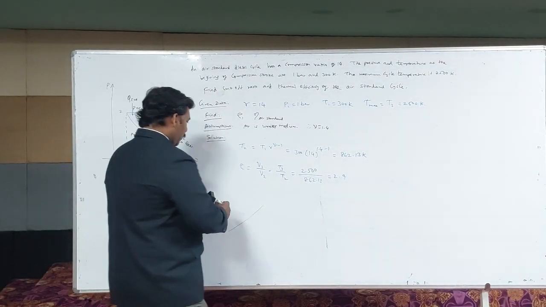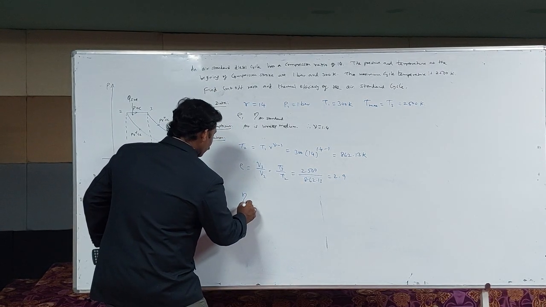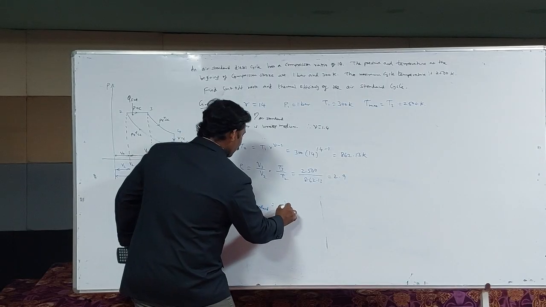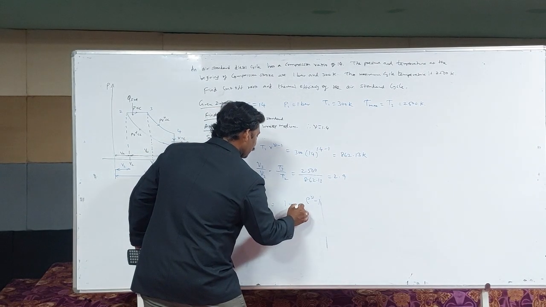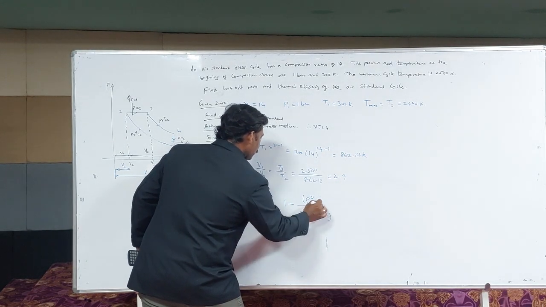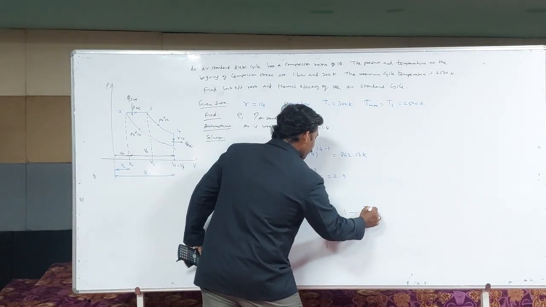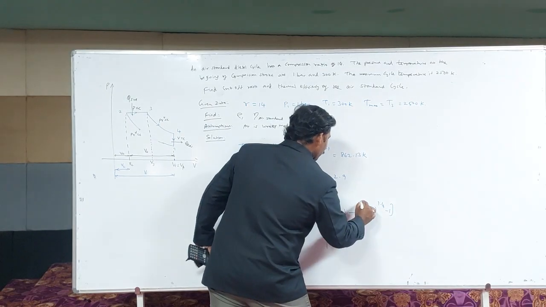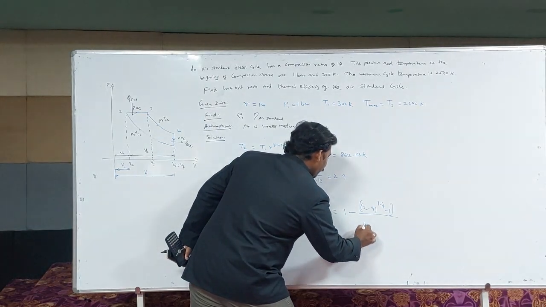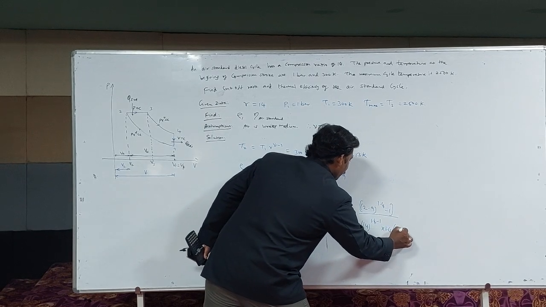Now we have to find the efficiency of the air standard cycle. So the efficiency is equal to 1 minus rho power gamma minus 1 divided by r power gamma minus 1 into gamma into rho minus 1. So we have to substitute the values. Rho is 2.9, so 2.9 power 1.4 minus 1 divided by 14 power 1.4 minus 1 into gamma 1.4 into rho 2.9 minus 1.